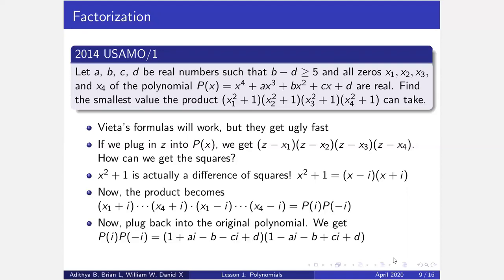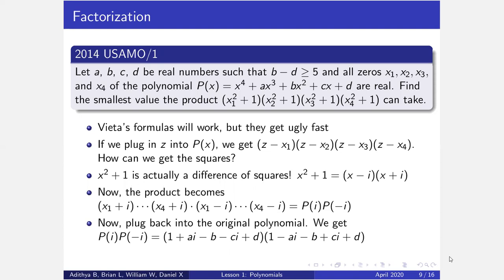And then P of negative i is basically the same thing, except you flip the signs of the a i and negative c i terms, right? Now we look at this and recognize that it's basically a difference of squares. You have a real part, which is 1 minus b plus d for both of them, like a number multiplied by its conjugate.